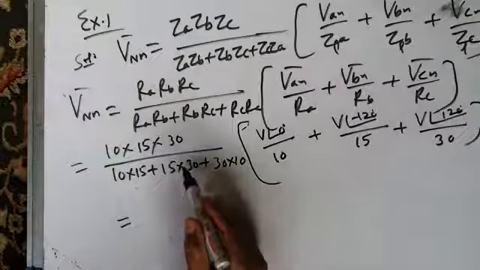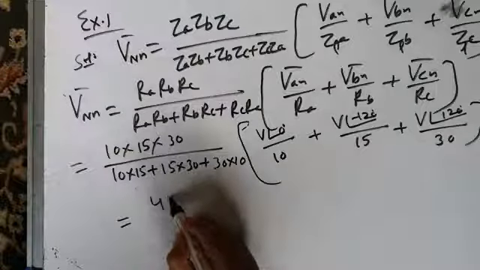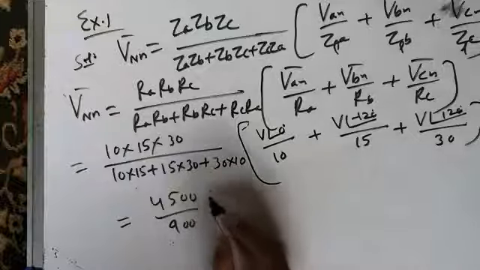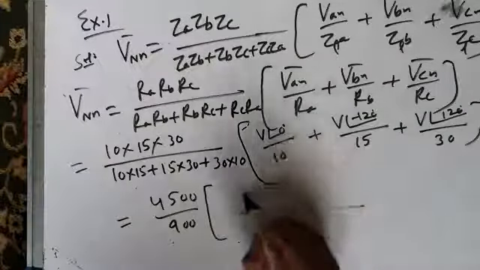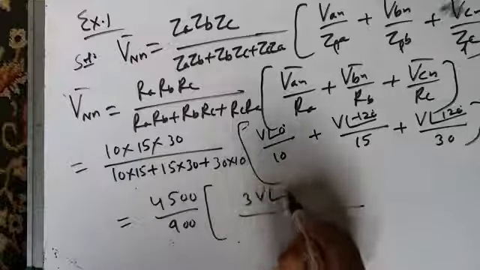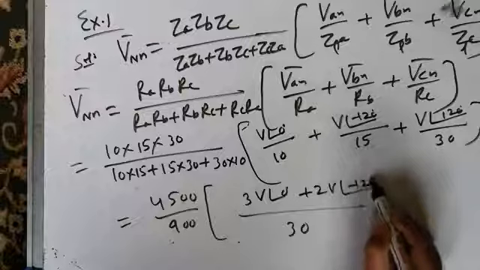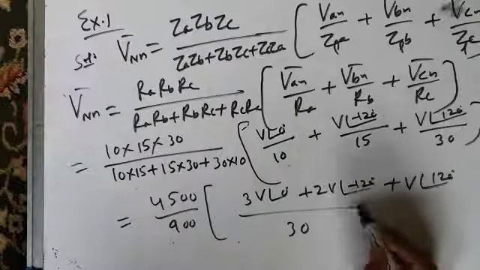ये अगर आप निकालेंगे, this will come out to be 4500 by 900. ओके, यहाँ आप LCM 30 निकालिए, ये बनेगा 3V at an angle of 0 degrees plus 2V at an angle of minus 120 degrees plus V at an angle of plus 120 degrees.